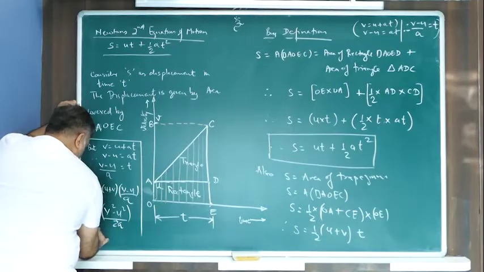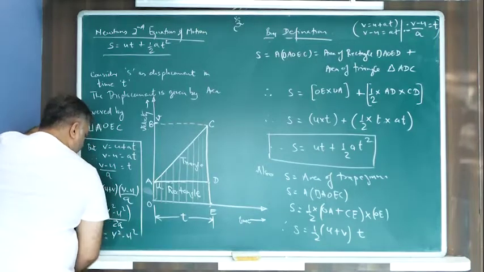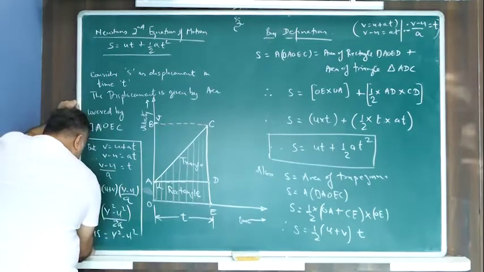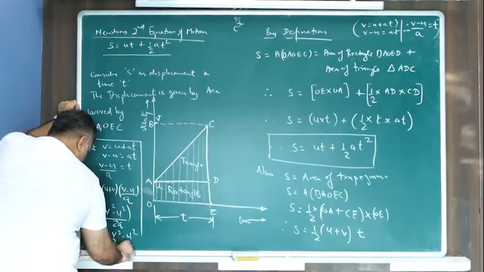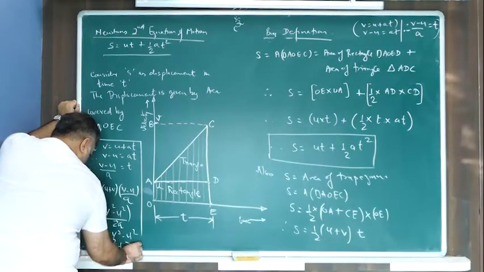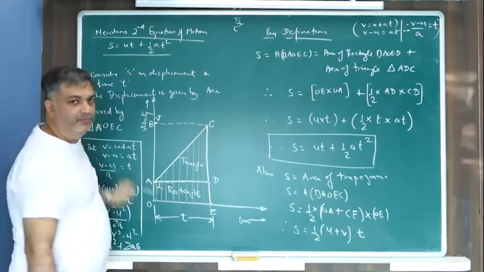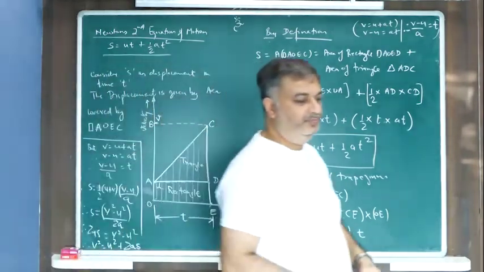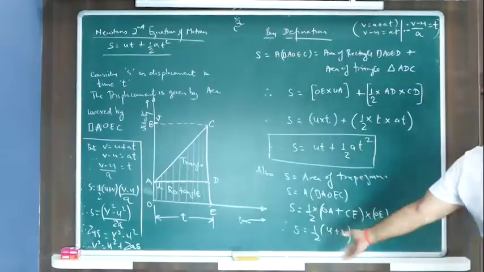So 2AS is equal to V square minus U square. Now keep V here, bring U over here. So V square is equal to U square plus 2AS. Hence true. That's it. So this is how we get the third kinematic equation also.